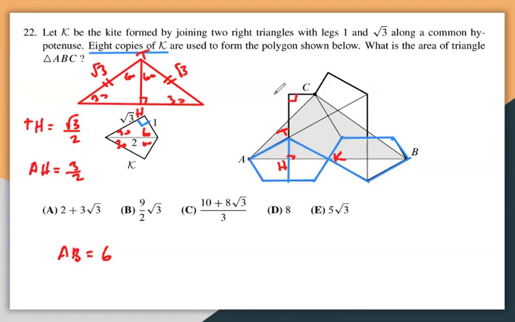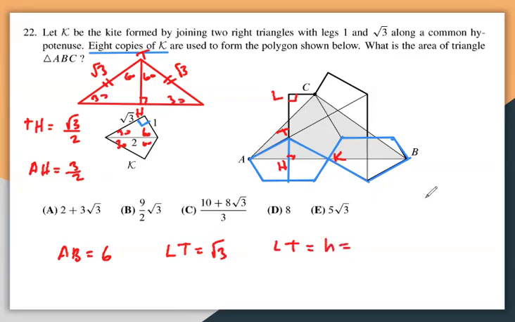And if I call this L, LT is also known because this is the same as root 3, because if you remember the original figure, this was one of my kites. So that's going to be root 3. If you want to find the LT, it is going to be the same as the height of triangle ABC.